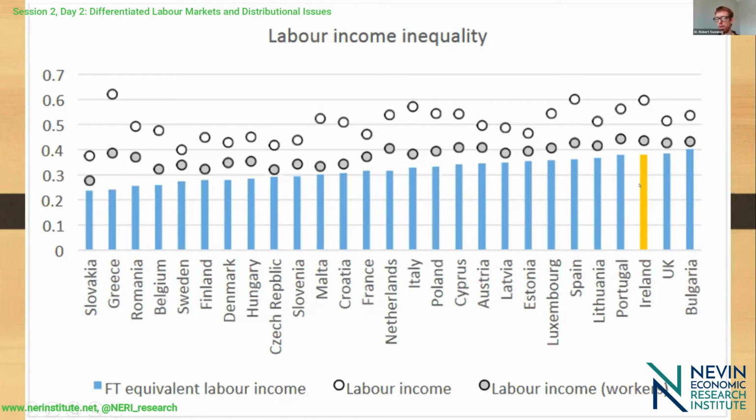It's a measure used by Eurofound, which I applied to the EU-SILC data set, and it looks at how much earnings you would have if you were working full time. So it kind of controls for working time, basically. And what we see is that earnings still continue to be unequally distributed. So we're the third most unequal country in the European Union.